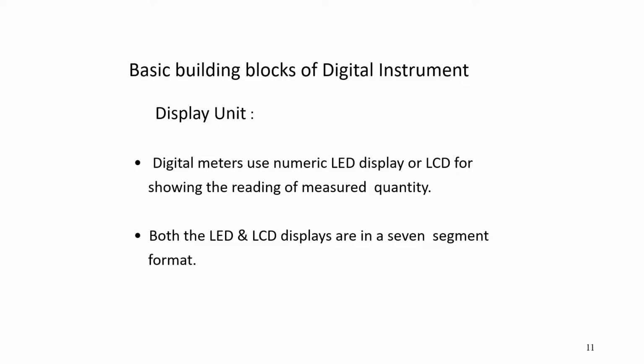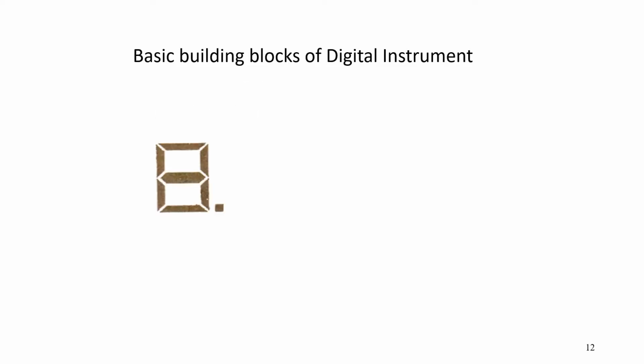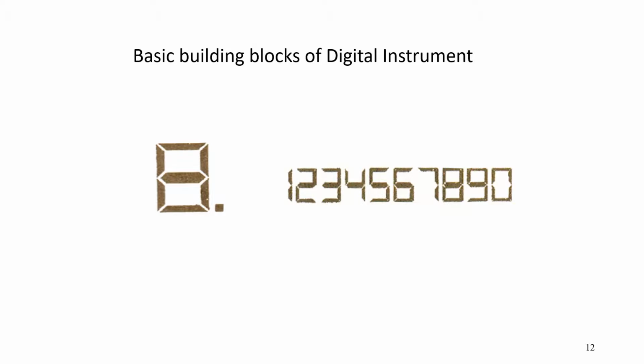It uses the numeric LED display or LCD for showing the reading of the measured quantity. Both LED and LCD displays are in a 7-segment format. So the display unit consists of a 7-segment display.